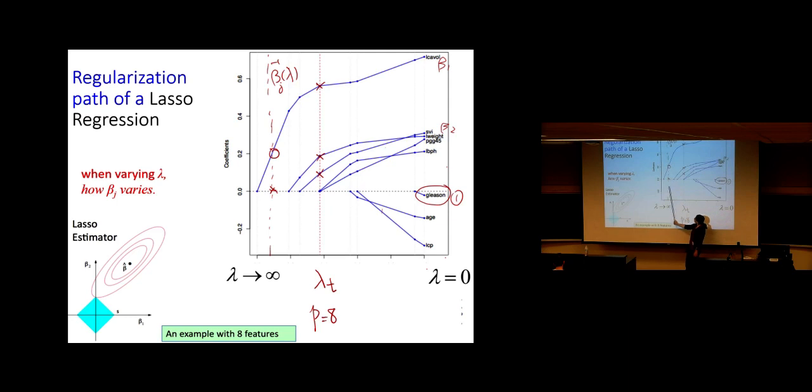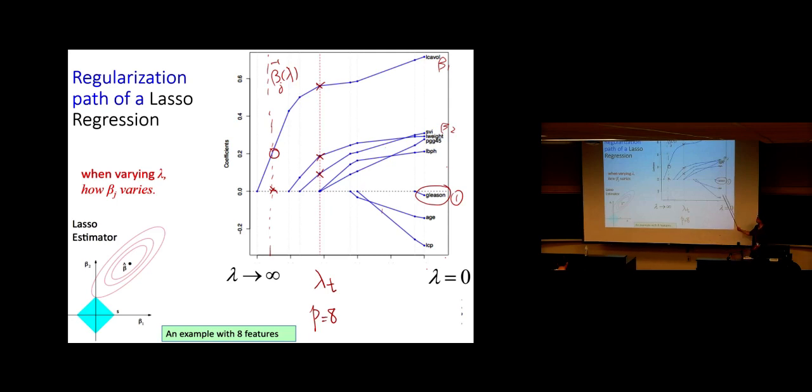When you have a large lambda, in the beginning no feature is selected, and gradually only this feature gets selected, and its weight increases a little bit more. Then at this lambda, 2 features are selected, then a little bit more, 3 features are selected, until the end, when your lambda is 0, all the features are selected.